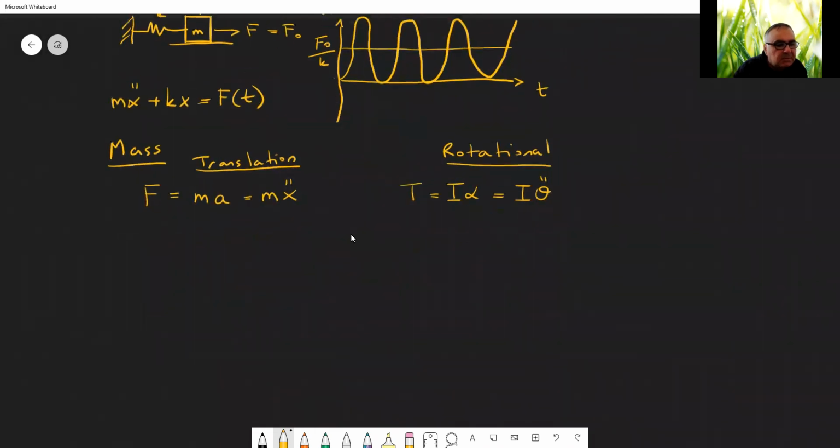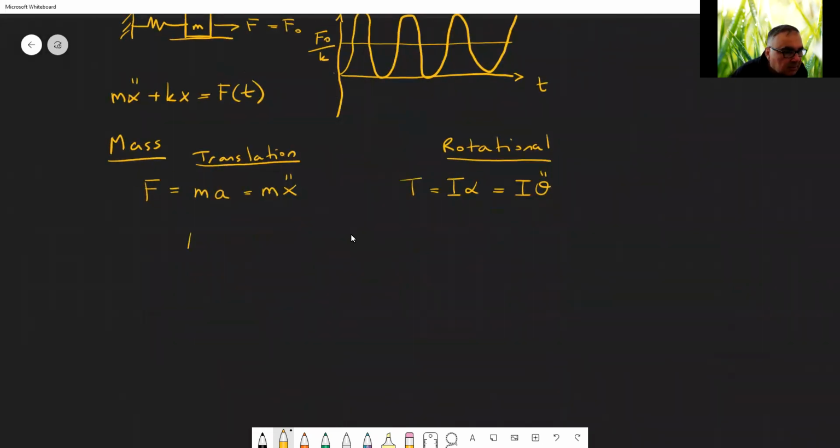Let me just try to draw this. So you apply a force on this mass, and the displacement is x, whereas here, suppose that this is a circle, okay? You apply a torque on it, T, and this thing rotates with a theta, and it has a mass moment of inertia of I. Let's say that it is fixed about this point.